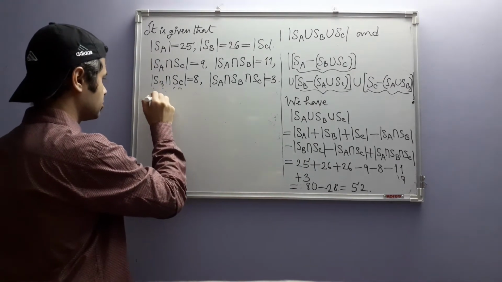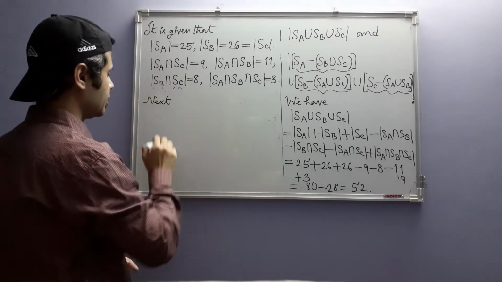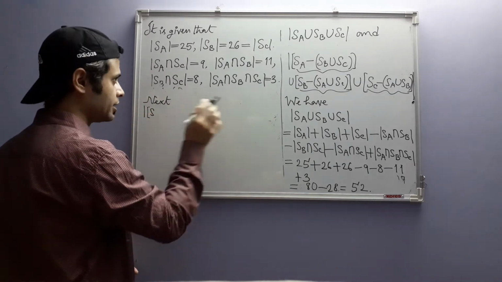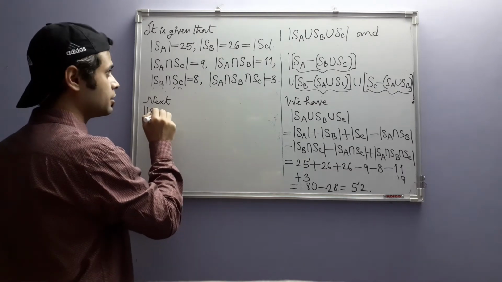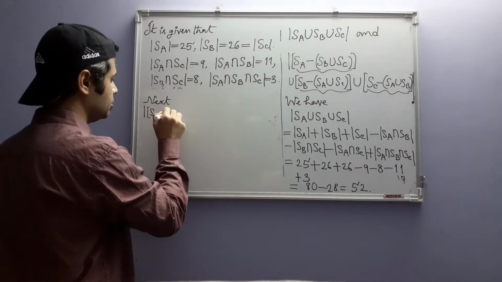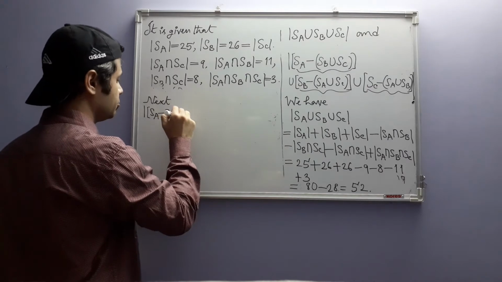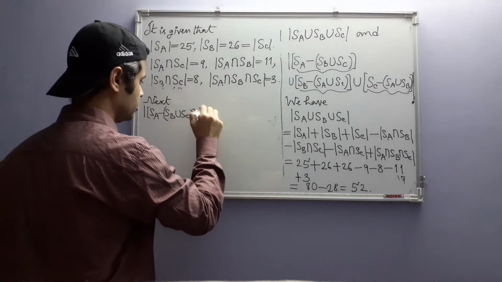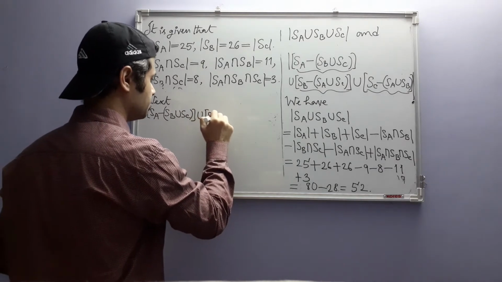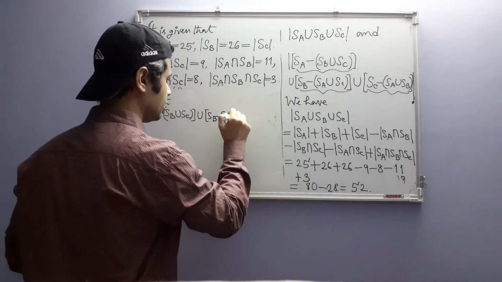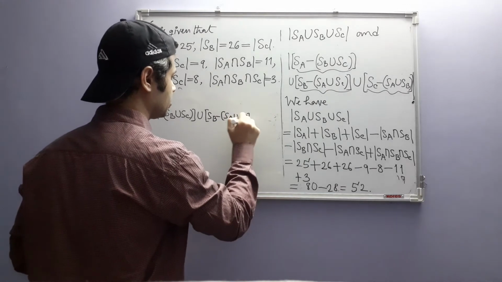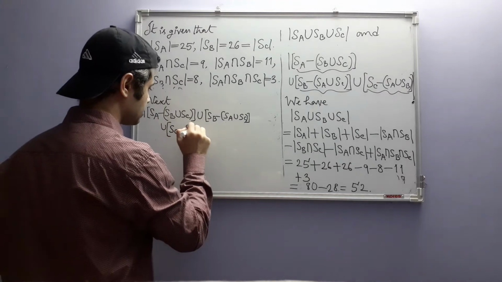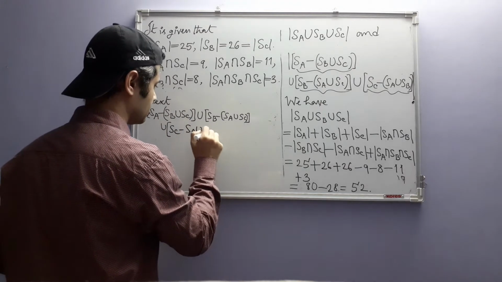So next, let us first of all write the cardinality of the set SA minus SB union SC, union SB minus SA union SC, union SC minus SA union SB.